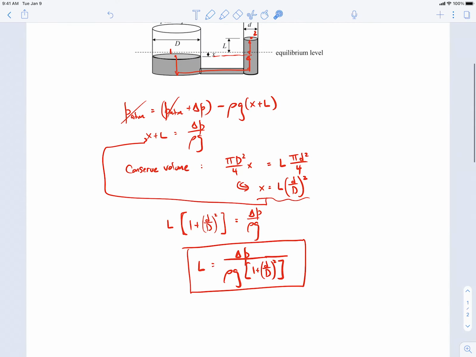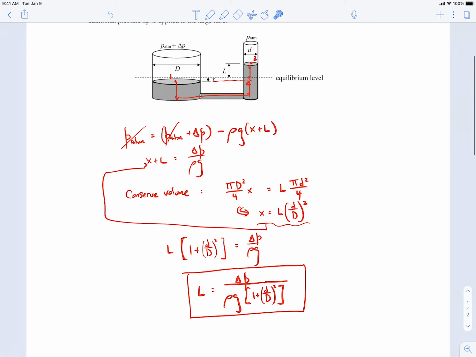So just to recap how we went about solving this problem, we did a manometer analysis. Starting at point 1, we worked our way around the manometer to get to point 2, so that's what this line is. Then we had this quantity X that we didn't know, and to find that, we conserved volume.